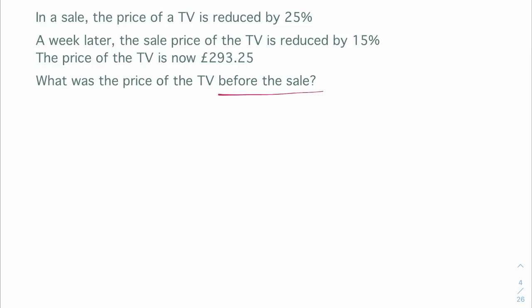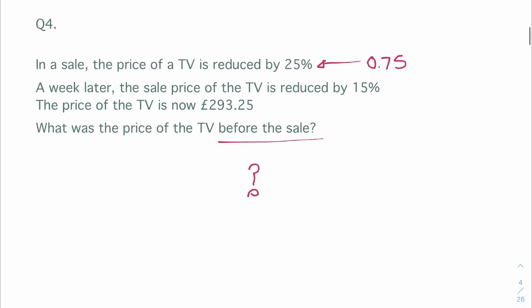So it says here, a TV is reduced by 25%. So we started off with the cost of a TV. Now it was reduced by 25%. We already know from depreciation, to do that, we would multiply by 0.75. That's just 100% take away 25% as a decimal.